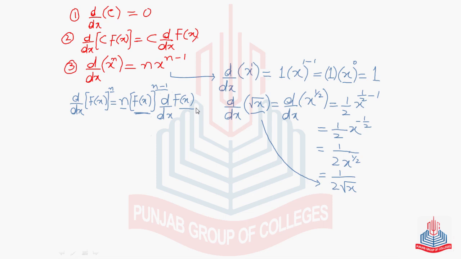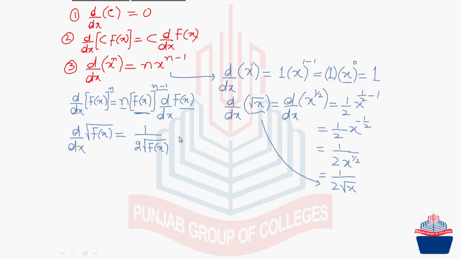And similarly, if we want to differentiate d by dx of any function f(x) under square root, this will become 1 by 2 under root f(x) and d by dx of f(x).